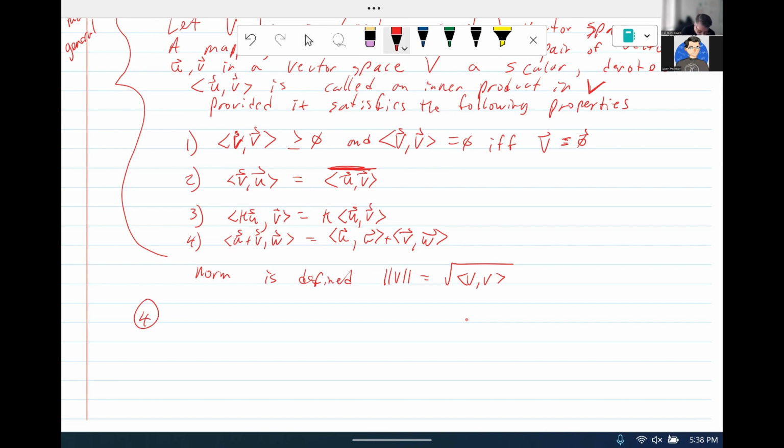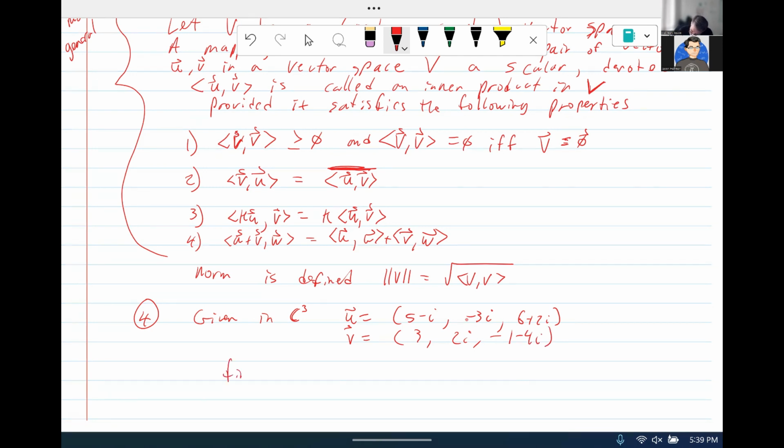So number 4, given, this is in C3, u is equal to 5 minus i, negative 3i, and 6 plus 2i, and v is equal to 3, 2i, negative 1 minus 4i.